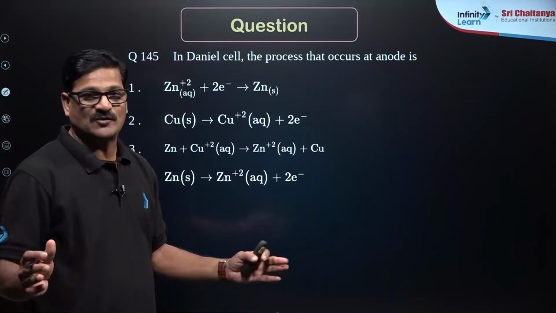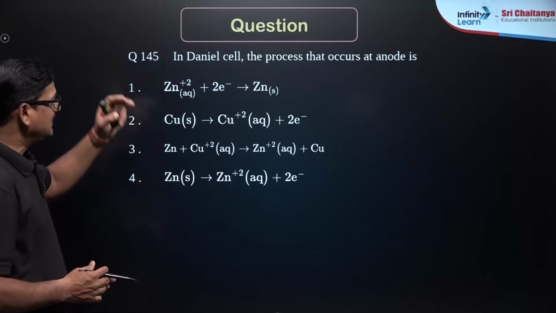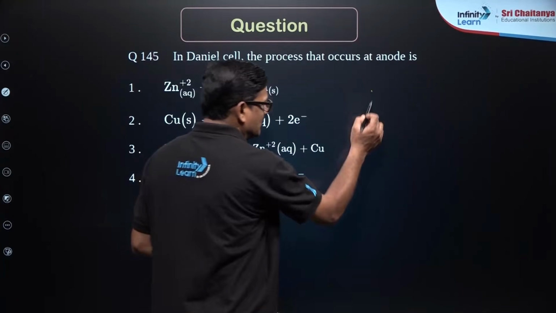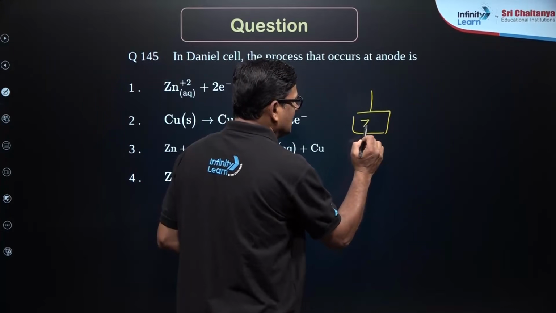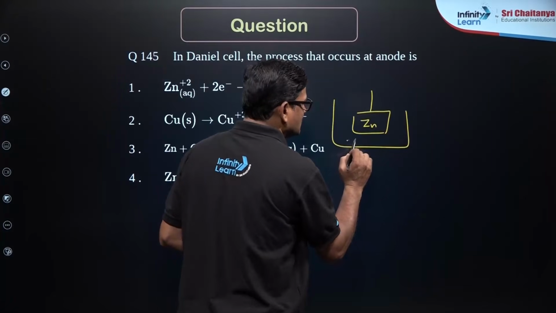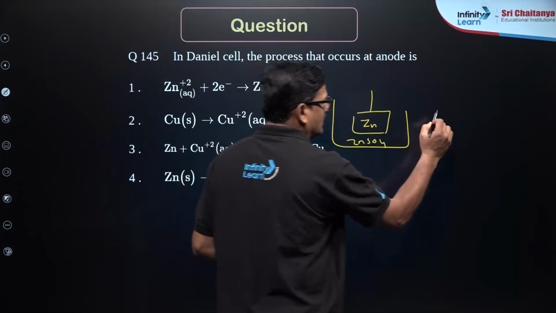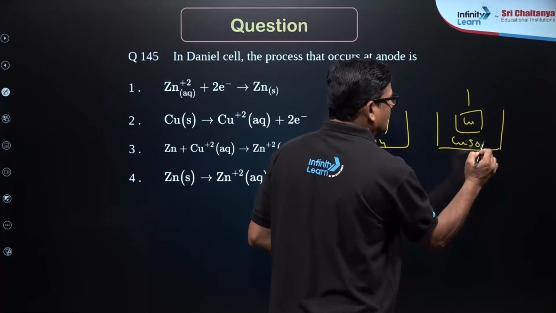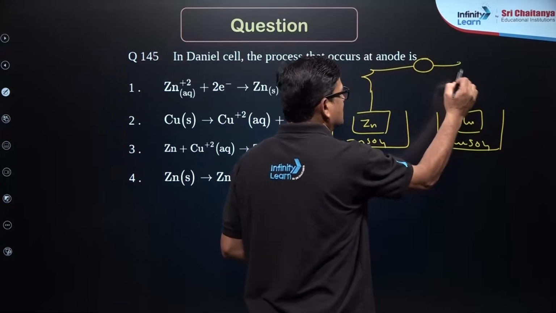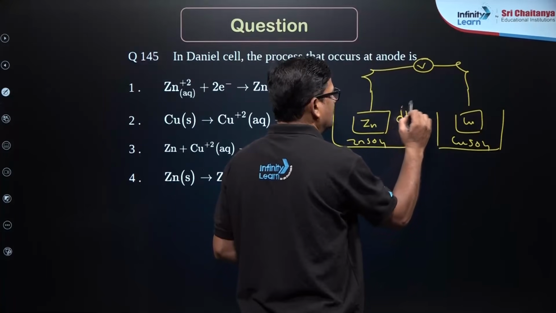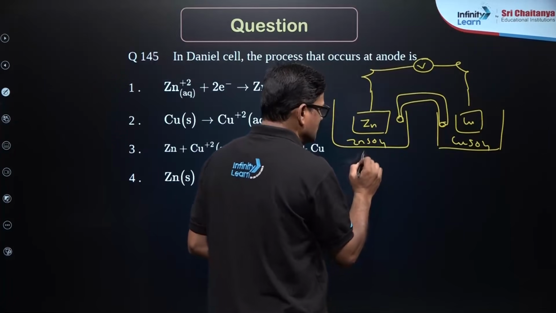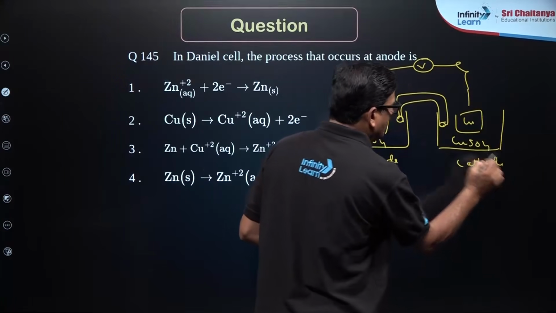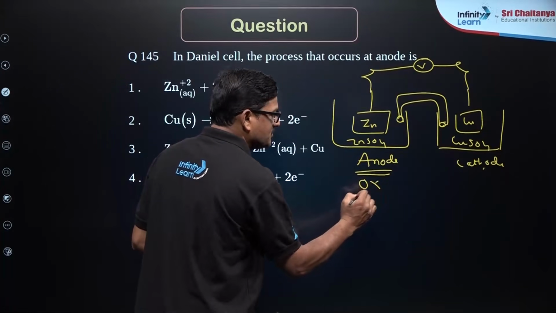Moving ahead, this is a question from electrochemistry. In the Daniell cell, the process occurs at anode. So in the Daniell cell, you are going to see zinc is dipped in zinc sulfate and copper is dipped in copper sulfate, and that is connected through an external circuit and voltmeter and a salt bridge, and this is anode and this is a cathode, and at anode oxidation takes place.